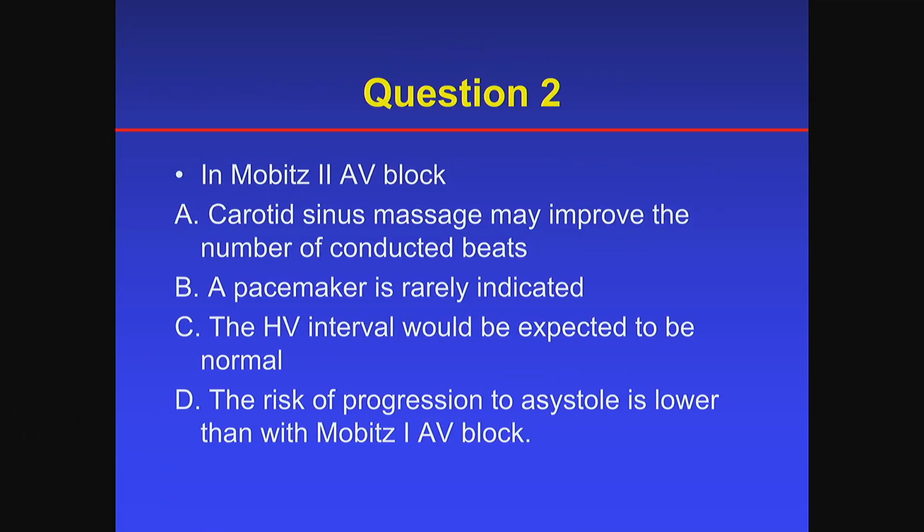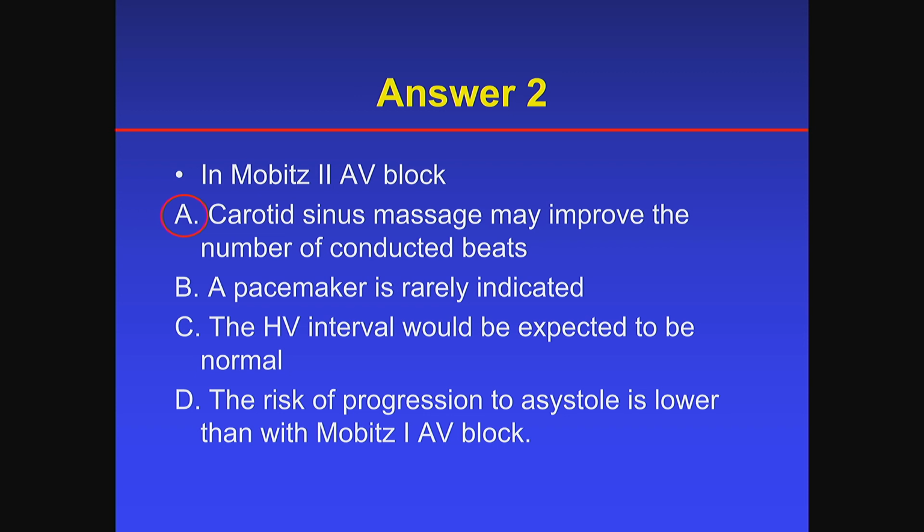Question number 2. In Mobitz type 2 AV block, A, carotid sinus massage may improve the number of conducted beats. B, a pacemaker is rarely indicated. C, the HV interval would be expected to be normal. And D, the risk of progression to asystole is lower than with Mobitz 1 AV block.